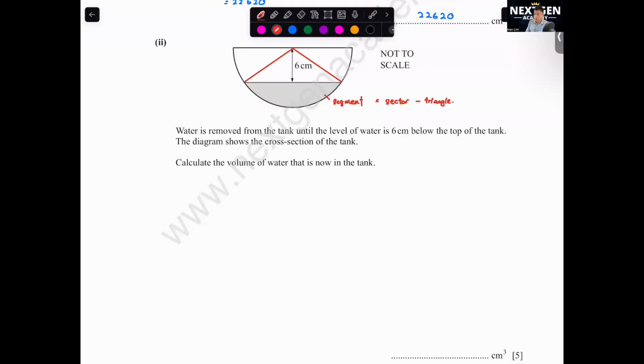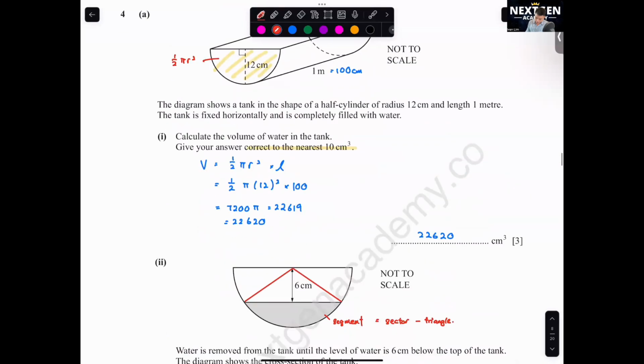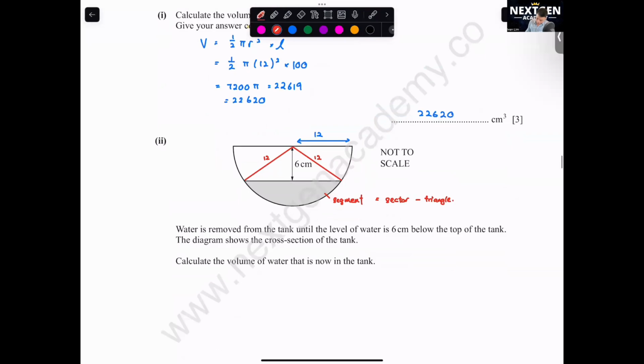Okay, what can we do here? Do we have any other information? They gave us this part here is 12 cm, so your radius is equal to 12. This is given to us. This part here also 12 and 12. Then I got here 6.